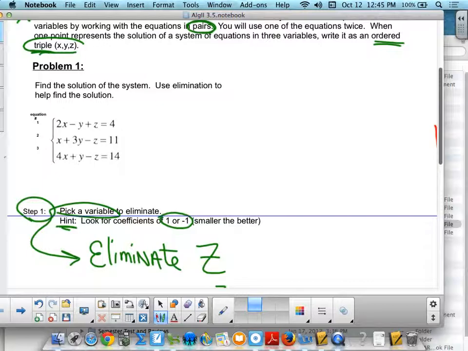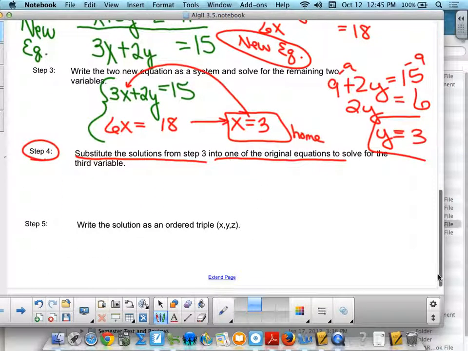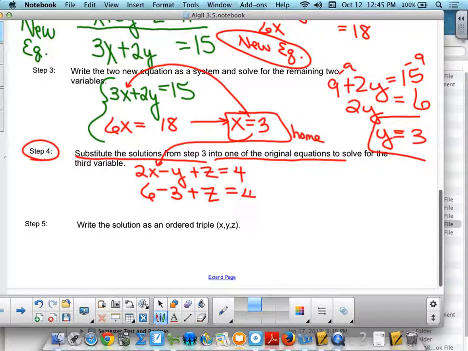2x minus y plus z. All right, here we go. 2x minus y plus z equals, is it 4? Yeah. Okay. So here I am, I'm looking for my remaining variable, z. So 2 times what? 3. 6 minus 3 plus z equals 4. 6 minus 3, 3 plus z.